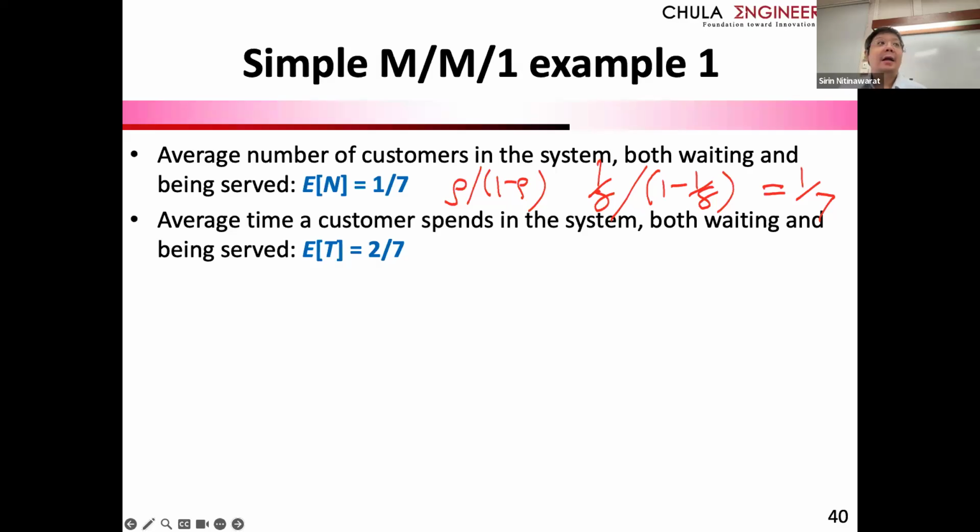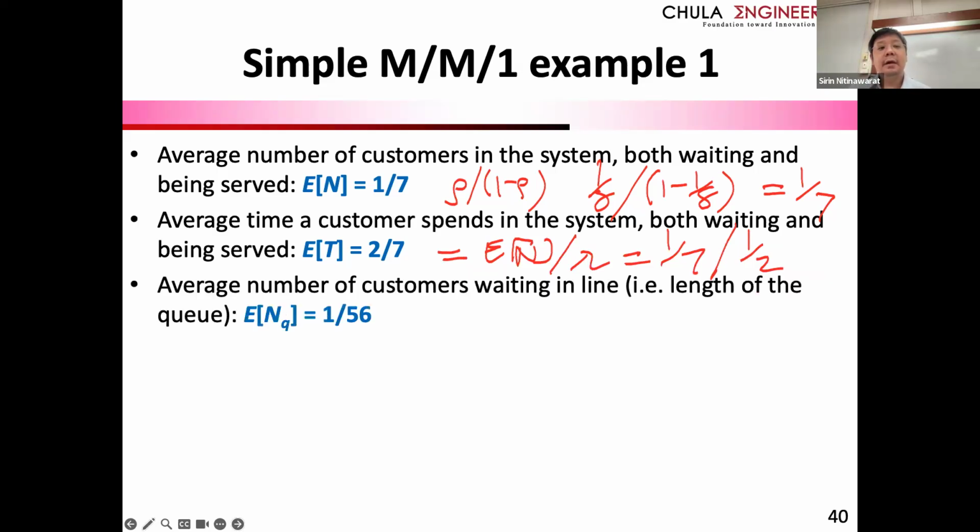how can I derive the expected time each customer should spend in the system? Little formula, right? This is equal to E of N divided by lambda. So that's 1/7 divided by 1/2, that's 2/7. E of NQ, how do I derive that?